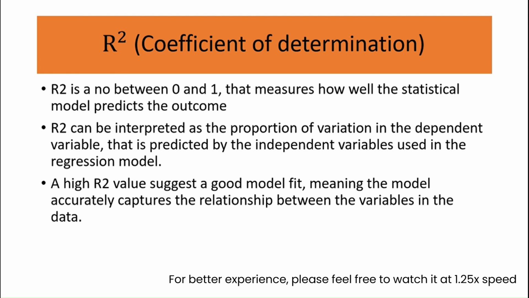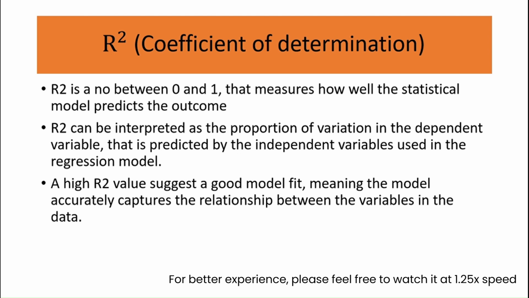Now last we have R square, which is coefficient of determination. R square is a number between 0 and 1 that measures how well the statistical model predicts the outcome. So R square can be interpreted as the proportion of the variation in the dependent variable which is predicted by the independent variables used in the regression models.